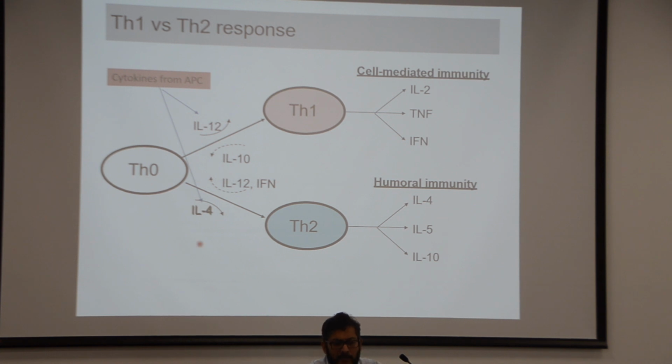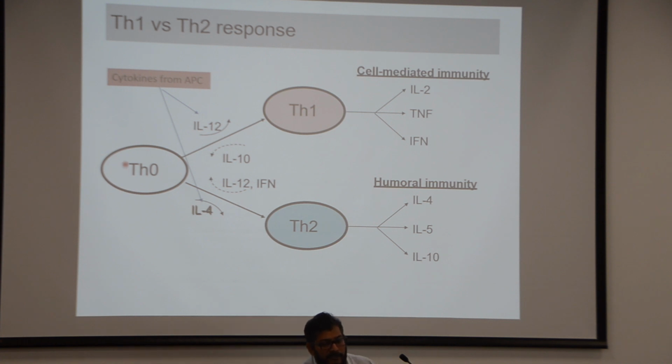However, if the cytokine from the antigen presenting cell is interleukin 4 and signal 1 and 2 are the same, signal 1 and 2 are not changing here. Signal 1 is the peptide MHC interaction, and signal 2 is the co-stimulation that you get through CD80 and 86 engaging CD28.